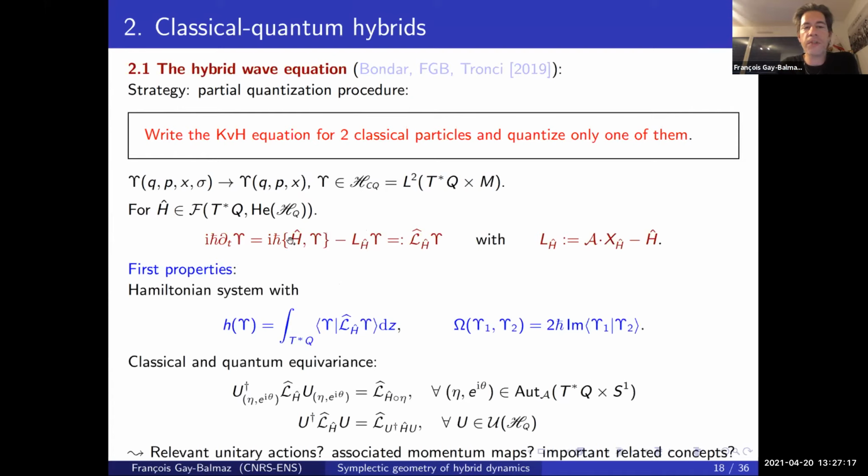Formally, it's just putting a hat, but concretely, it's applying quantization of one particle in a two classical particle systems. So this is again a Hamiltonian system with the same kind of Hamiltonian as before, and which has nice equivariance property.